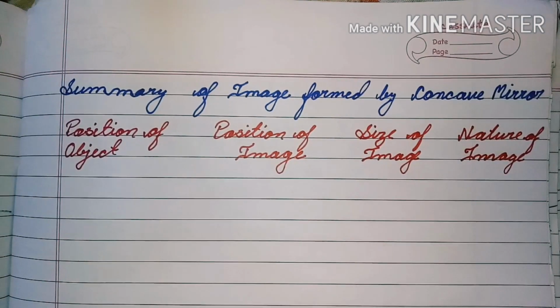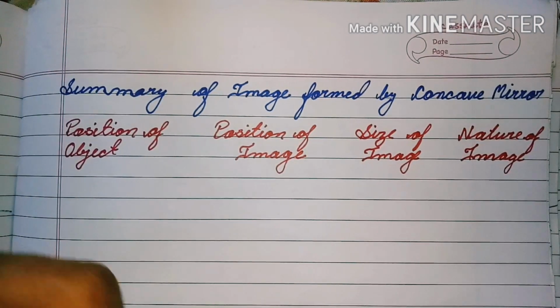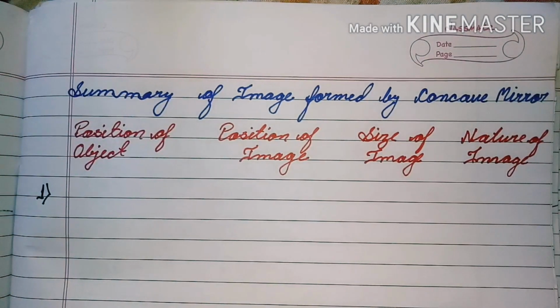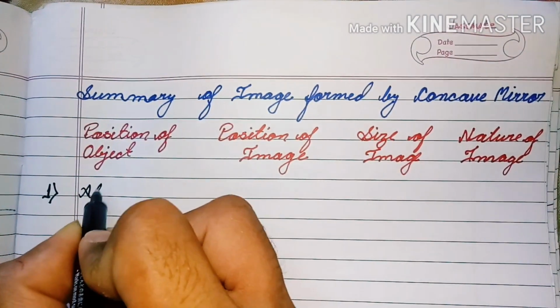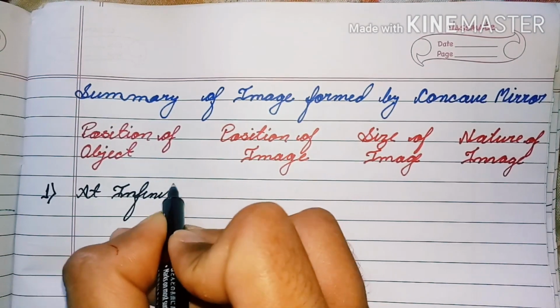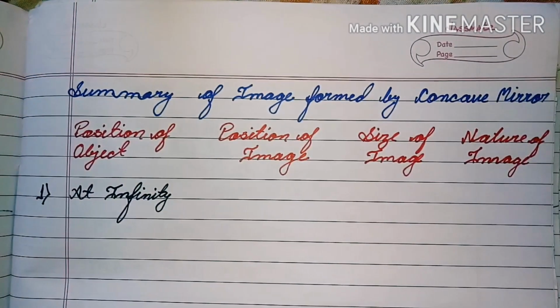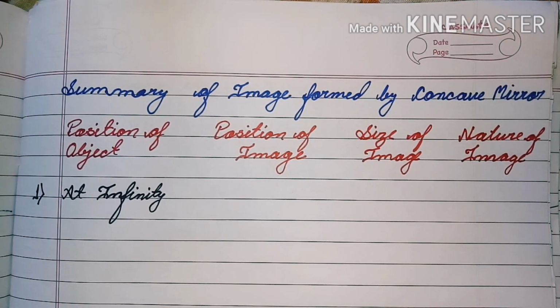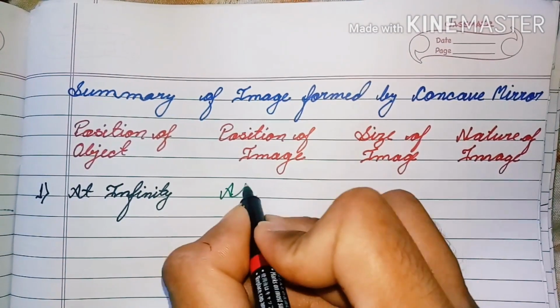The first case we have discussed is when the object is placed at infinity. Students, when we place an object at infinity, the image is formed at focus.